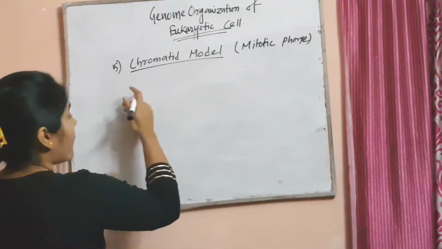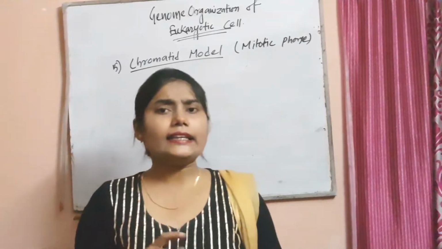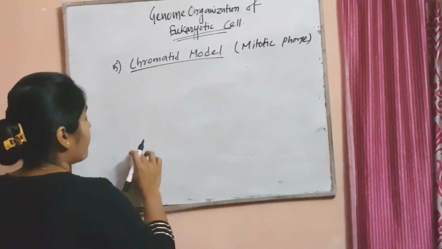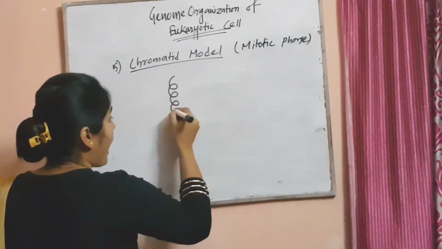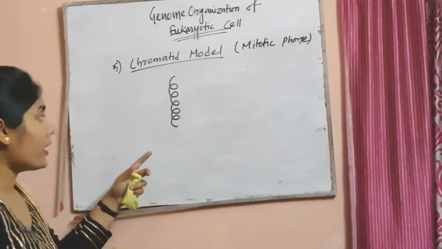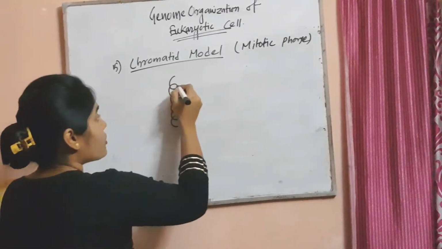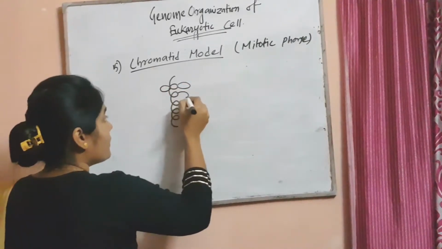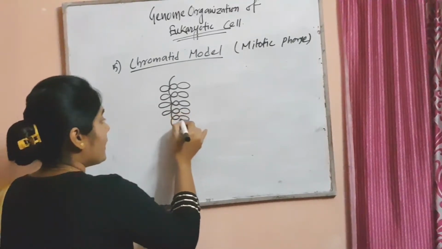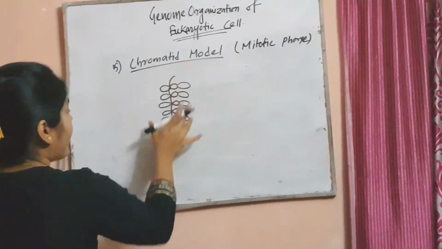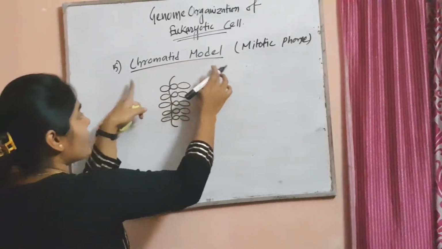In the chromatid model, the scaffold protein condensin is helically arranged. As we know from the scaffold model, when the condensin protein is helically arranged, the solenoid model is also arranged helically like that, and this helically arranged conformation of DNA and protein interaction is known as the chromatid model.